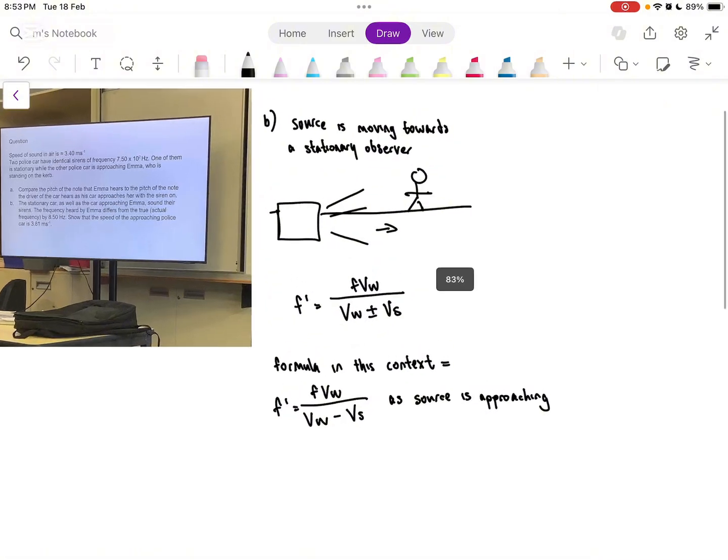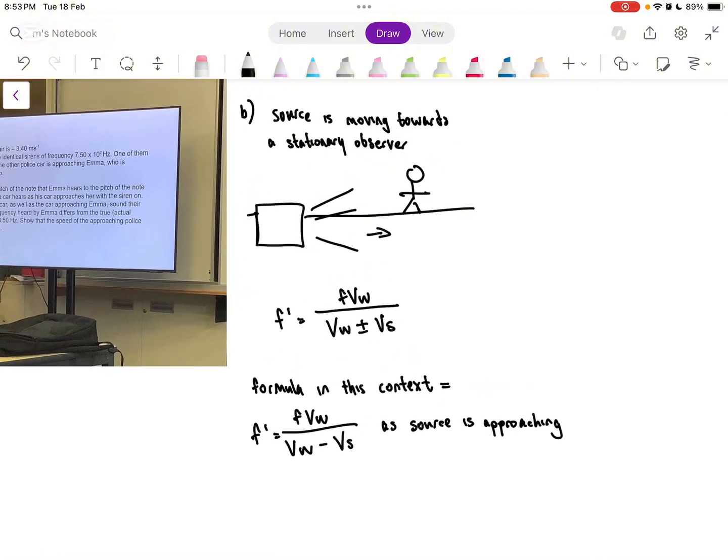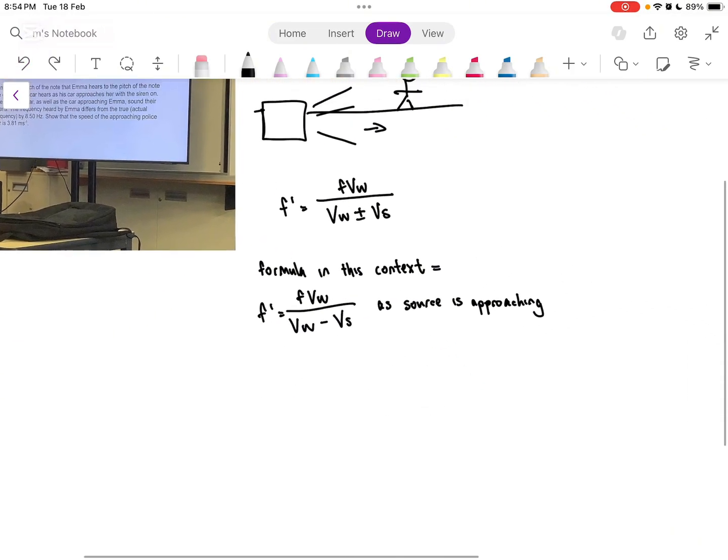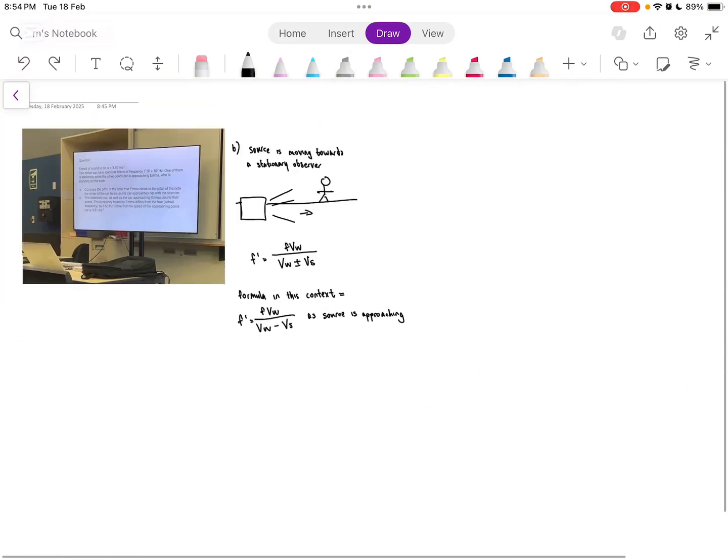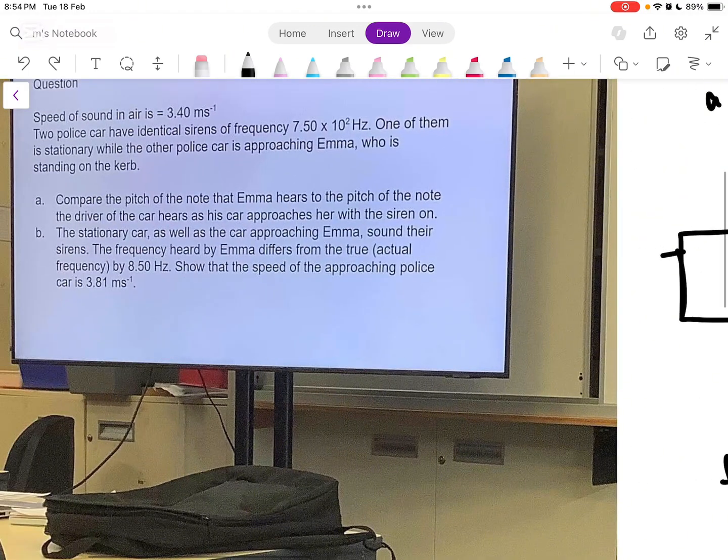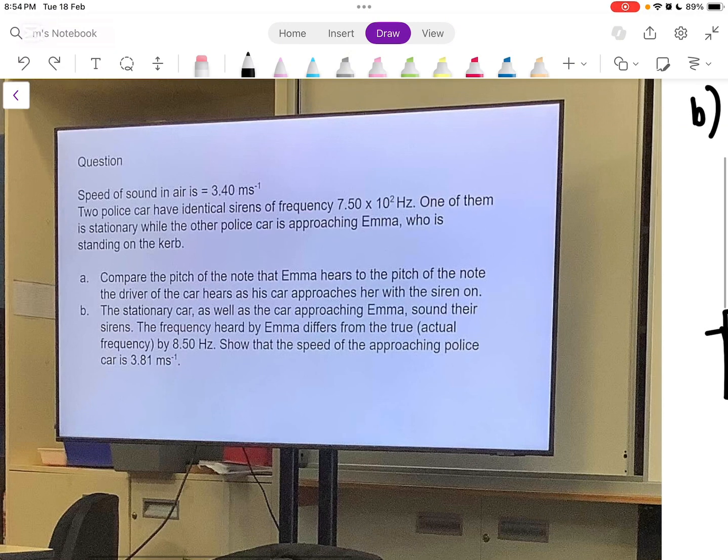If the observer was approaching the source, for example, then that would be a plus. But in this case it isn't. So with that being done, we need to write all the information we're given. So right now we're given speed of sound in air.